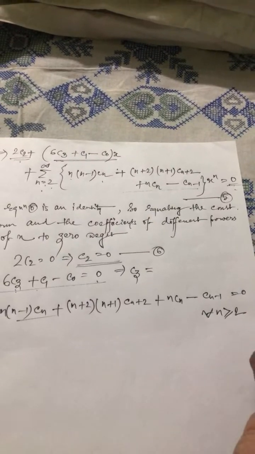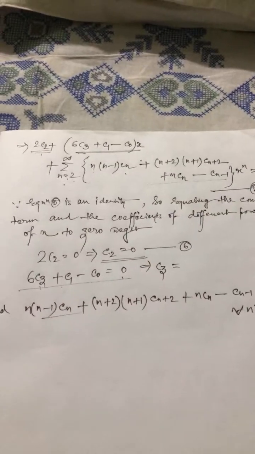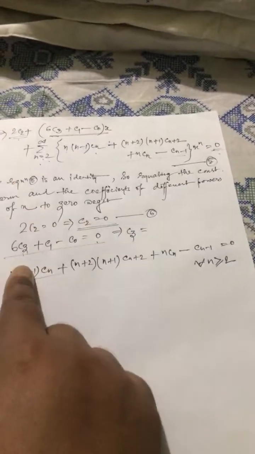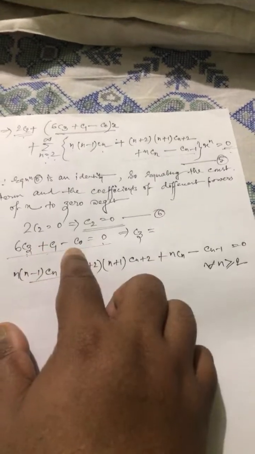I repeat, whenever you are solving this type of problem, always remember the first two constants, in general c0 and c1, or whatever you have as your first two constants, should be treated as independent, and all the remaining constants like c3, c4, c5, c6, whatever you may get, will depend on c0 and c1.